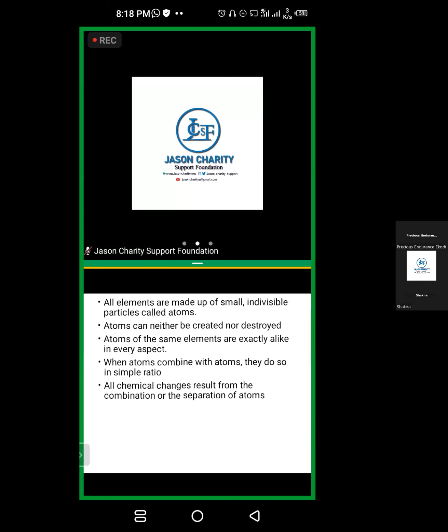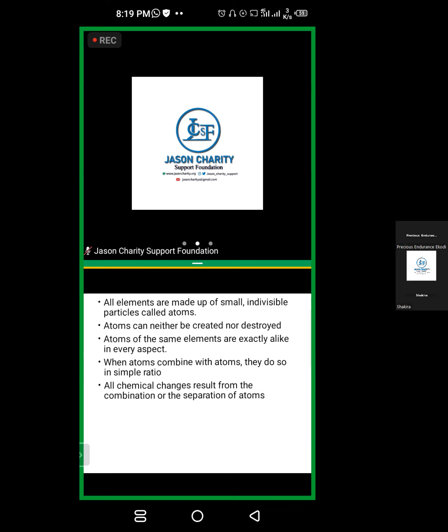The first one is that all elements are made of small indivisible particles called atoms. He said all elements, no matter what the element is, are made up of atoms which are indivisible. From the definition of what atoms are, or their source name, we see that they were referred to as indivisible back then.